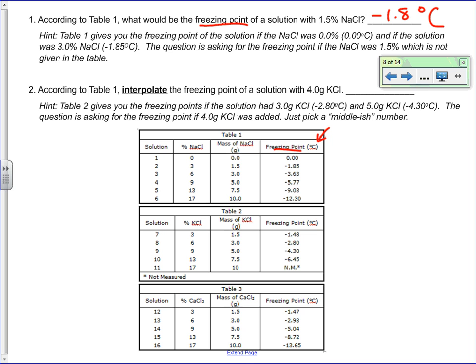All right, now, how did you get this answer? You got 1.5% NaCl. Okay, we're looking somewhere between 0 and 3. So if we're looking between these, we draw a line over.